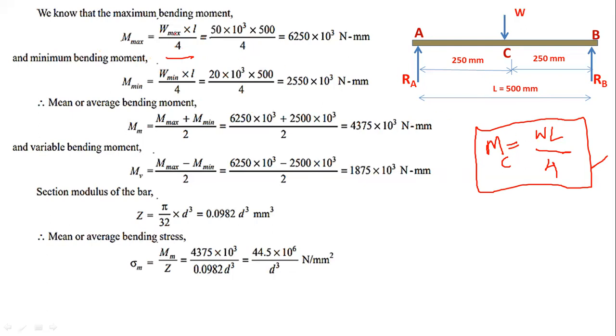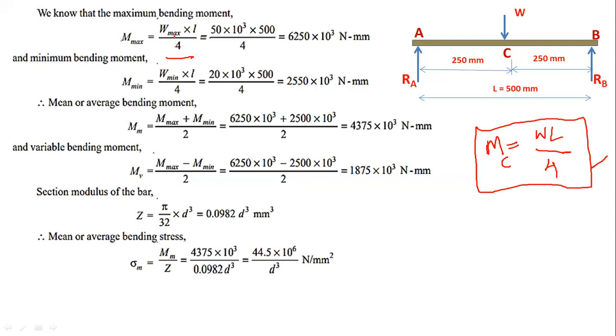So W max is the maximum load, L is the total length of the beam, 500 mm, and the maximum load equals 50 kilonewtons.